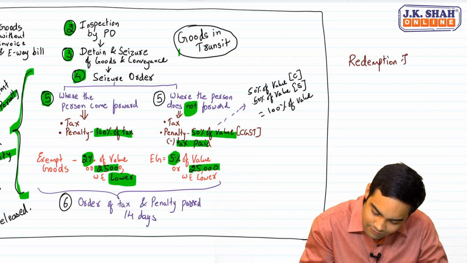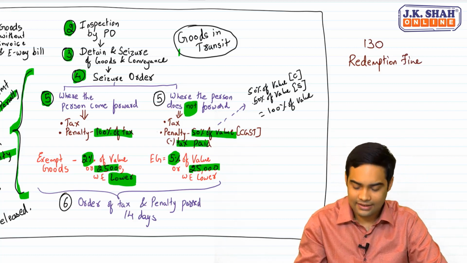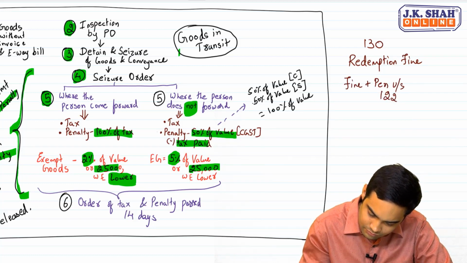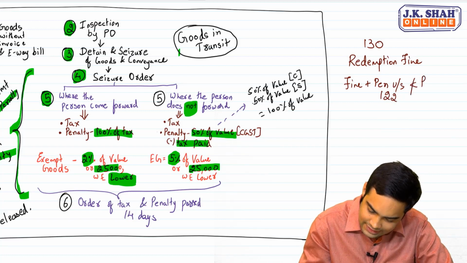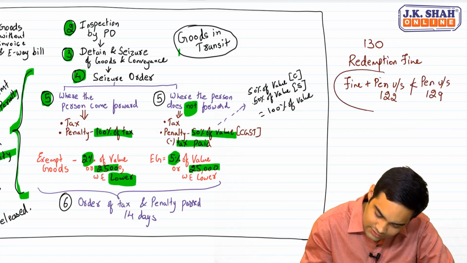Now, the redemption fine comes from section 130. And for the redemption fine, the law says fine plus penalty under section 122 shall not be less than penalty under section 129. You will have to solve this equation.